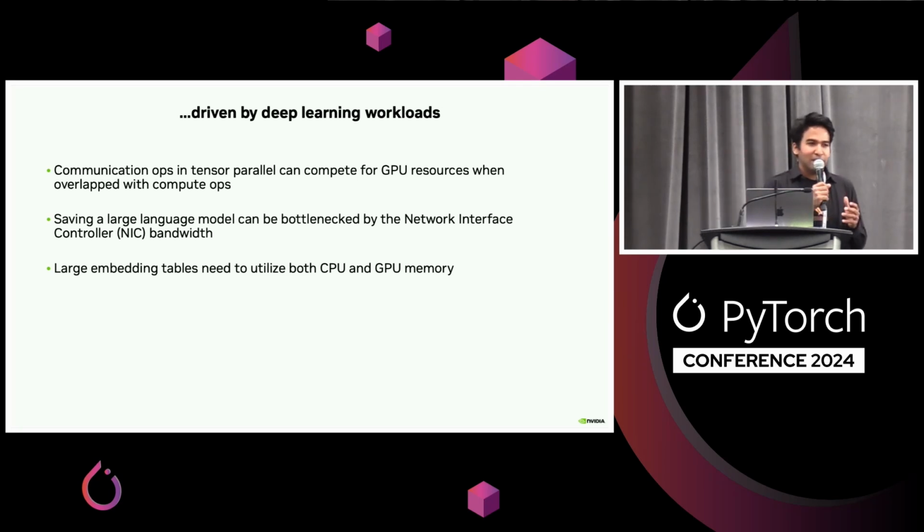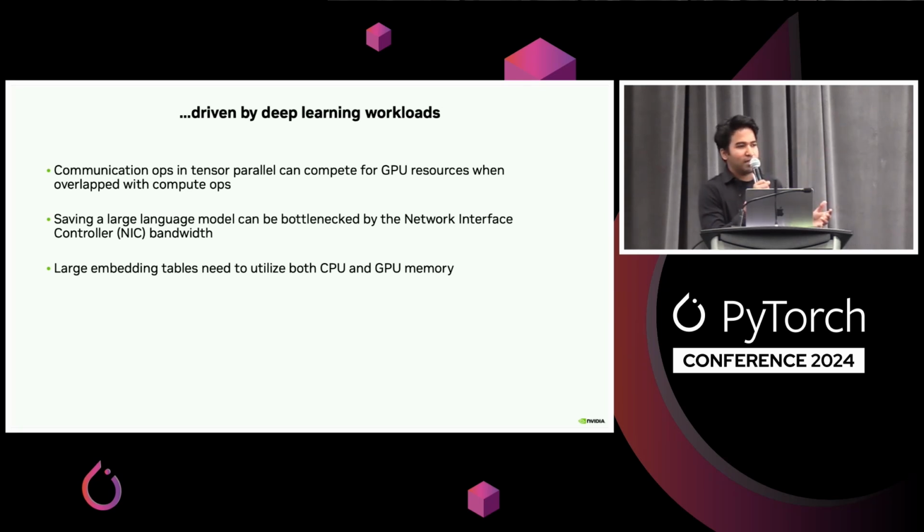For instance, when we are running tensor parallel and trying to overlap a communication pipeline with a compute pipeline, sometimes you can see contention for GPU resources. For specific tensor sharding cases, if your all-reduces are very small, the communication pipeline can steal resources from the GPU and slow down your GEMMs, for instance.